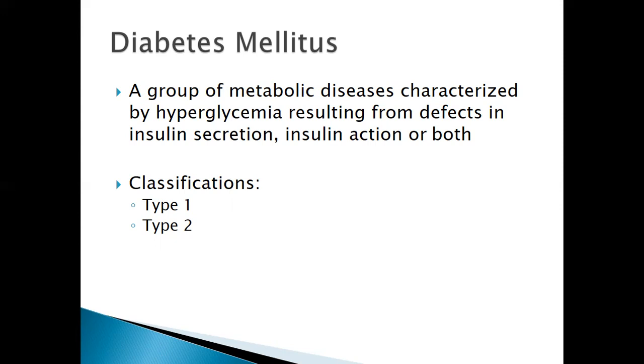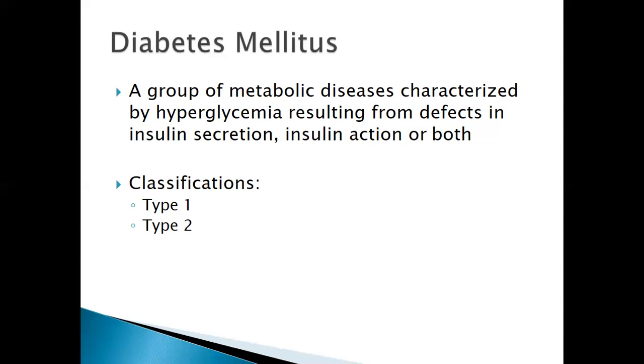So what you need to remember is that in diabetes mellitus, there is actually impaired metabolism of your sugar or glucose due to a defect in the insulin secretion or insulin action or both.